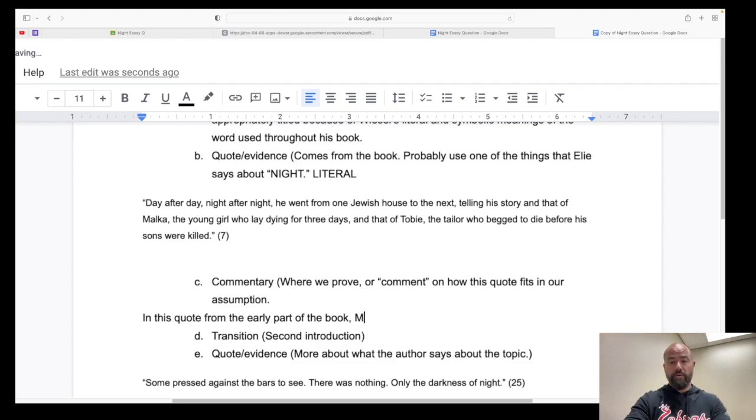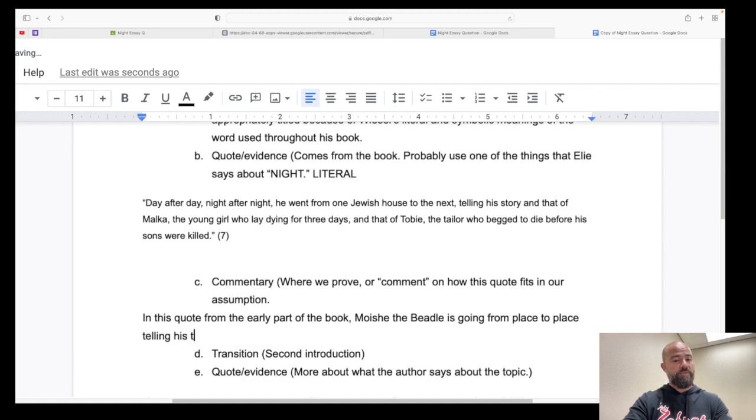Moishe the Beadle is going from place to place, telling his story of escaping the Germans' execution. Okay.